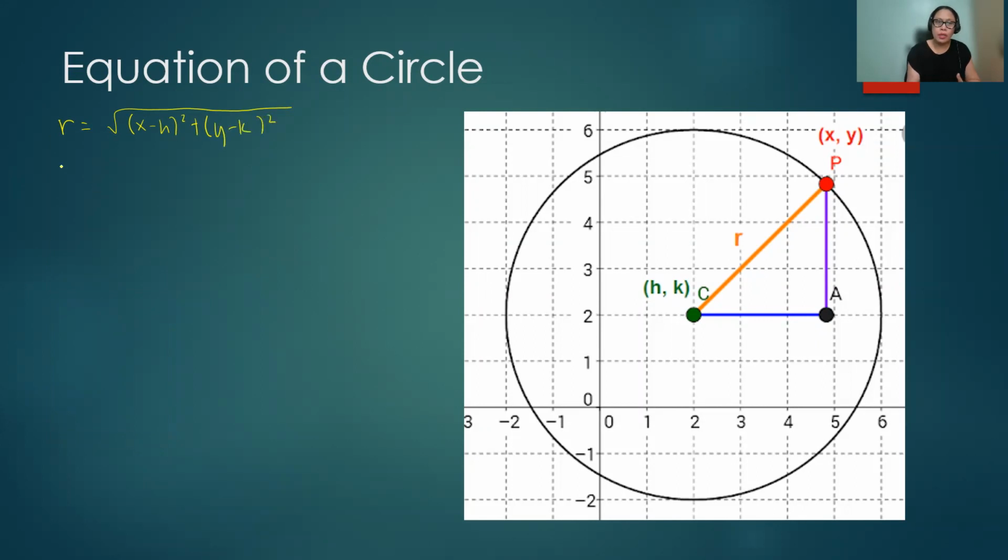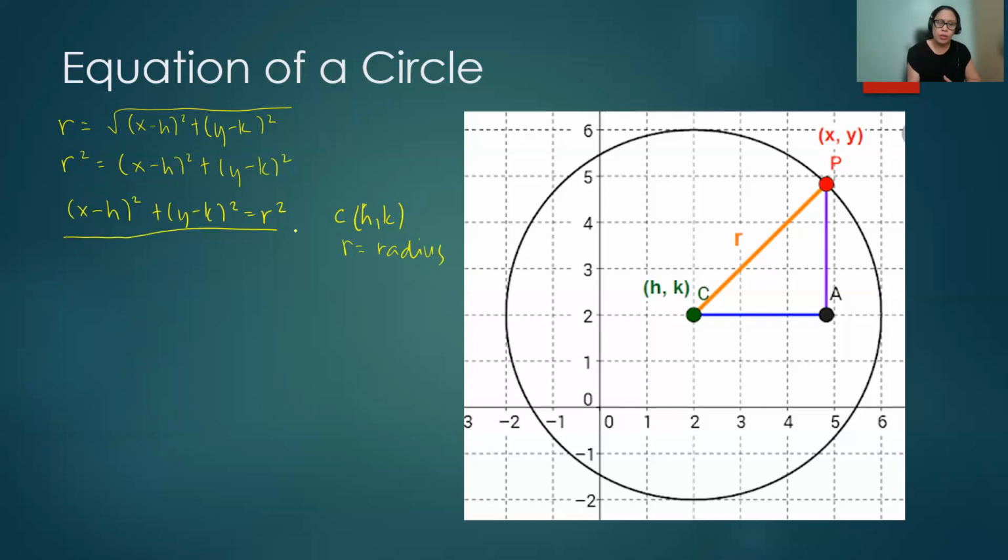By squaring both sides of the equation, we have r squared equals the quantity x minus h squared plus the quantity y minus k squared. In this manner, the radical symbol on the right side was eliminated, and interchanging the position of the two sides, we get the equation of the circle in center-radius form, or standard form, where the center is at (h, k) and r is the radius of the circle.